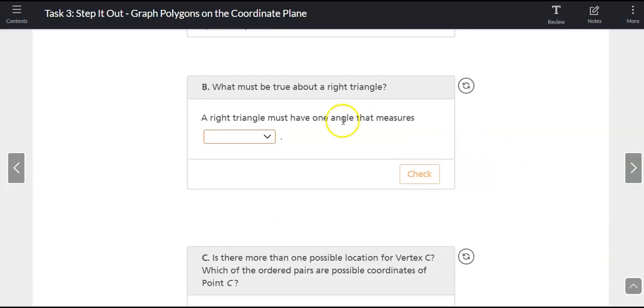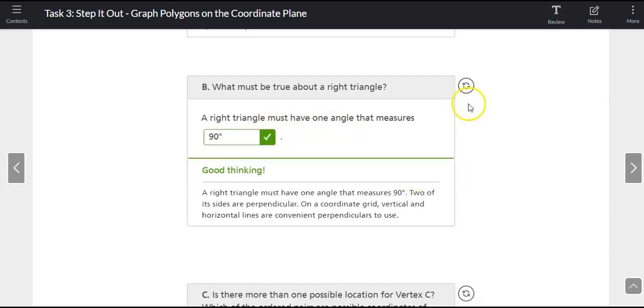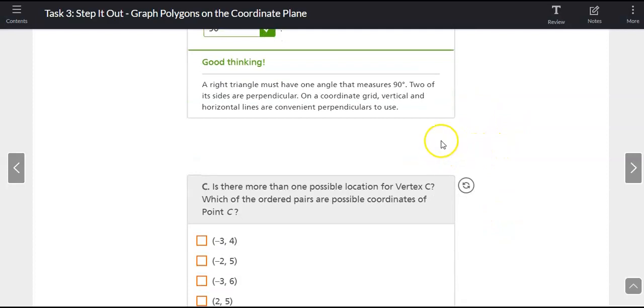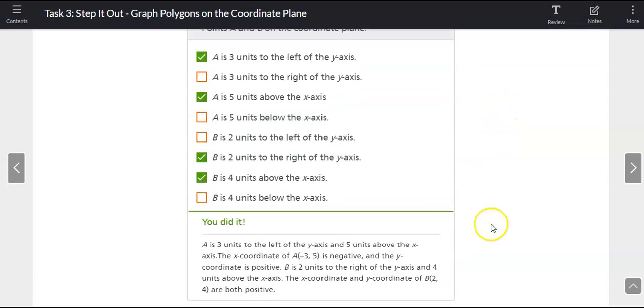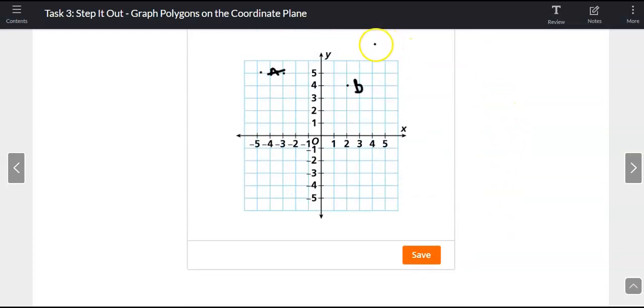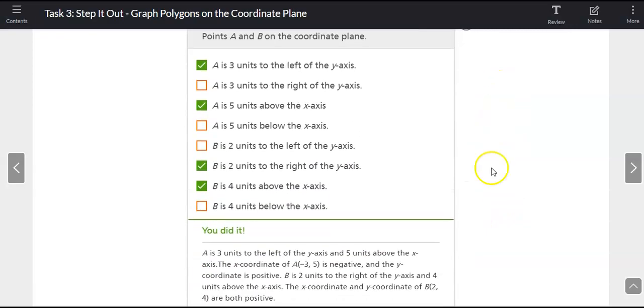Go to B. A right triangle must have one angle that measures 90 degrees. Is there more than one possible location of the vertex C? So if I look at here, to make a right angle, I would either need to be right here, or I could be right here. So there is more than one location.